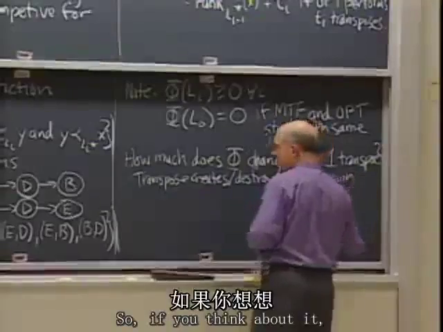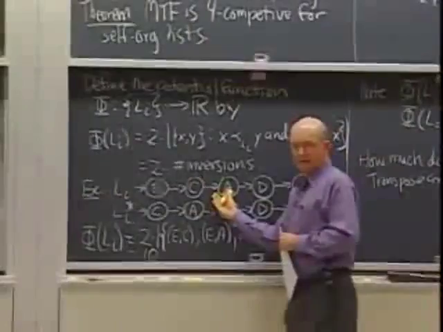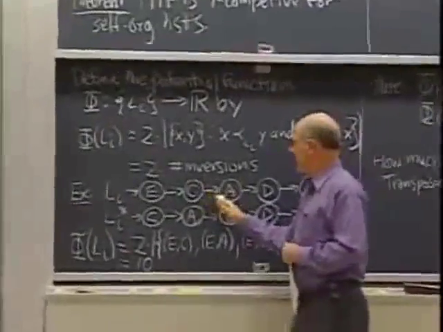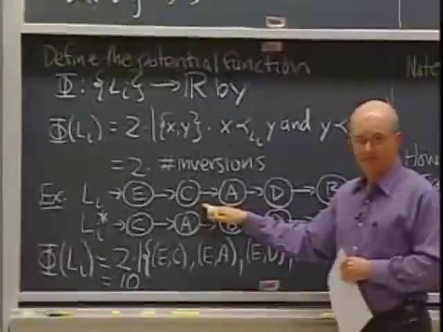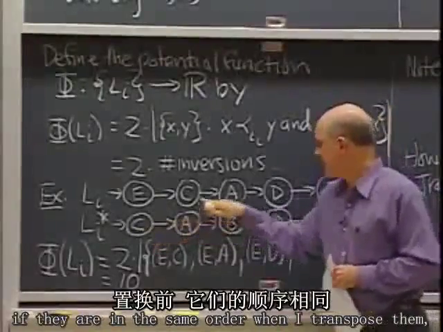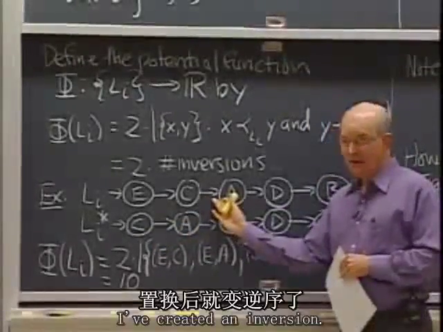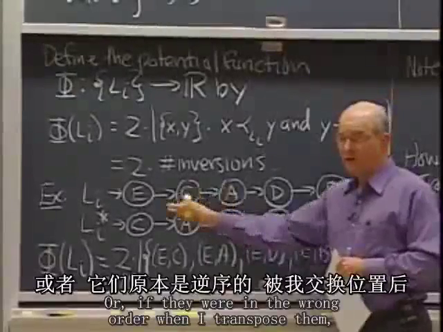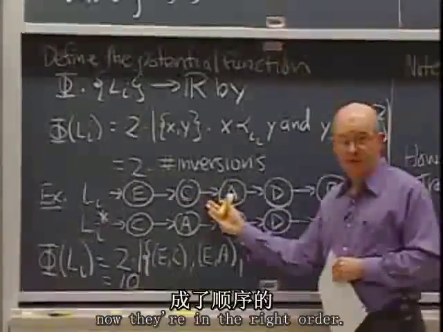So if you think about it, if I change, for example, C and A, the relationship of C and A to everything else in the list is going to stay the same. The only thing possibly that happens is that if they're in the same order when I transpose them, I've created an inversion. Or if they were in the wrong order when I transpose them, now they're in the right order.